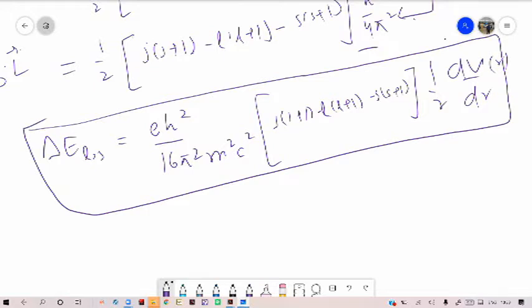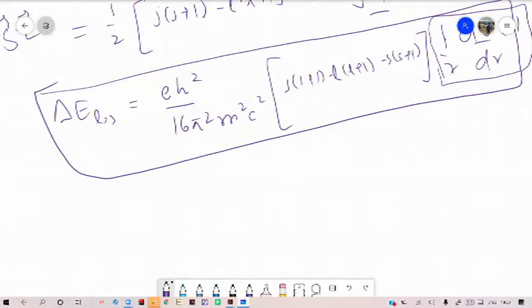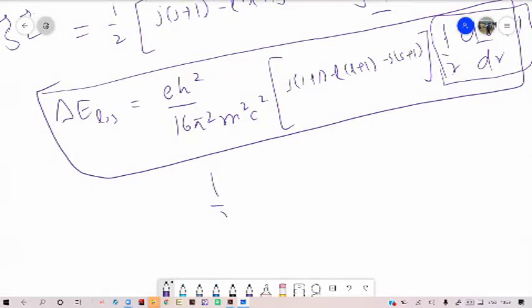If you see this term 1 by r, we have already done this. The important term is 1 by r. It seems that it is a constant, but it's not actually a constant, because the average value is calculated for this. 1 by r is not constant during the electron motion. Hence, we must take its average value over unperturbed motion. Unperturbed motion means that there is no interaction at all.